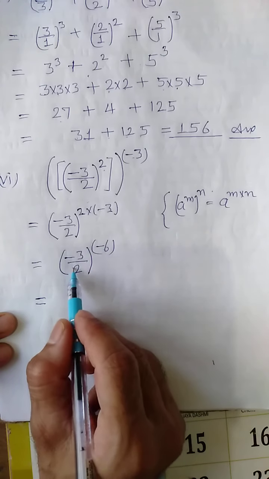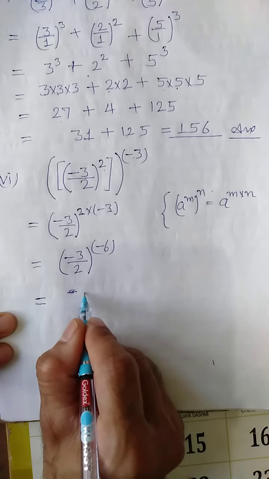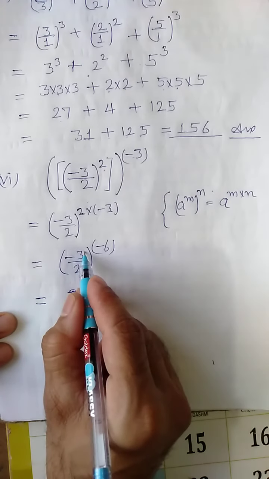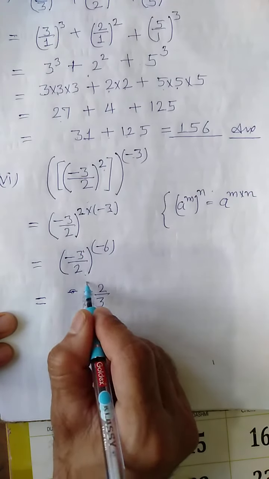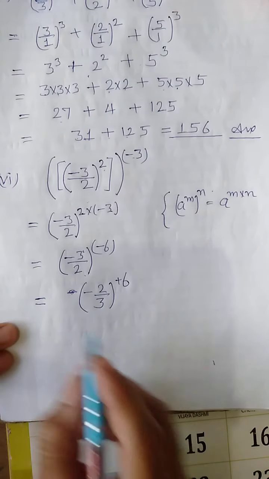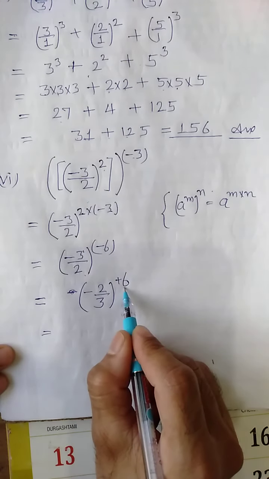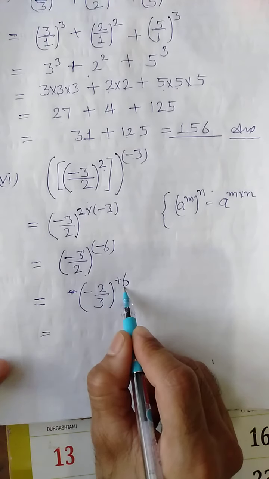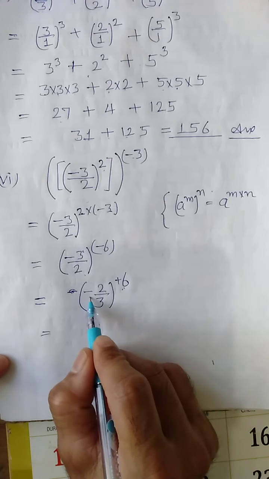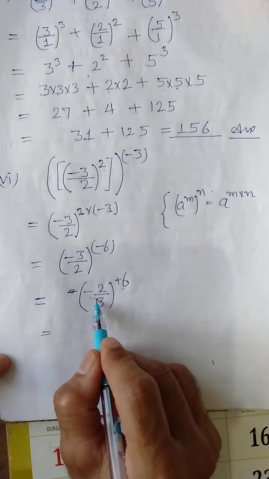Next, this is equal to minus 3 upon 2 power minus 6. Power is negative, so can we take reciprocal? Yes, so we can make it minus 2 upon 3, this 2 in numerator and 3 in denominator, 2 upon 3, now power will be positive, plus 6. Now see, when power is positive and an even number, the result will finally be positive.